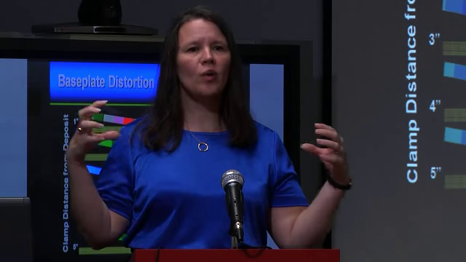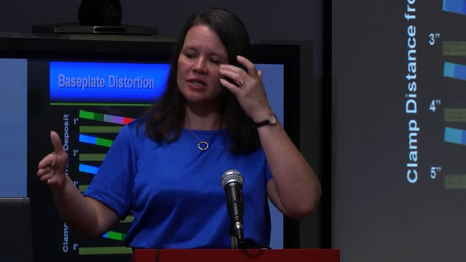Basically, the point of this chart was just showing that depending on how far away we clamp from, what you're seeing on the center line is the deposit. So this is kind of half of the deposit and one side of the base plate. And so we're just measuring how much the base plate deflects depending on how close we clamp it.